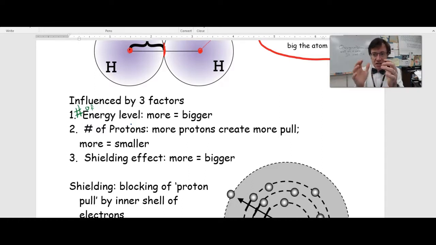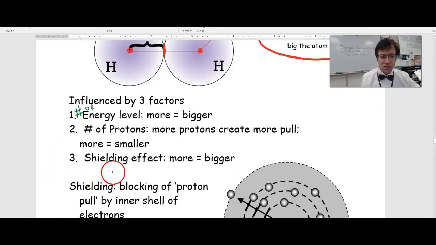So that's adding just a little bit more proton pull. Then you add another proton and add a little more proton pull, and add another one and a little more. So as you move from left to right on the periodic table, what ends up happening is you're increasing the amount of proton pull in the nucleus. So it kind of shrinks it down a little bit.